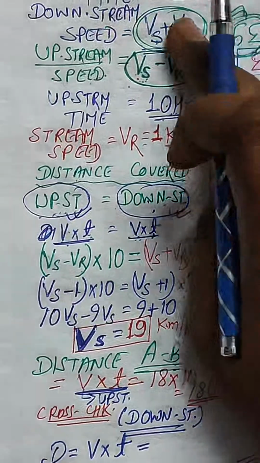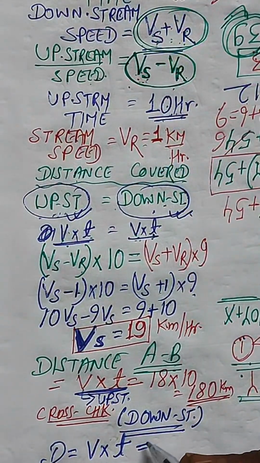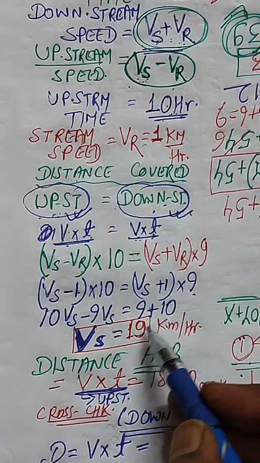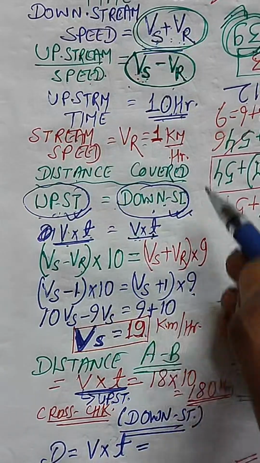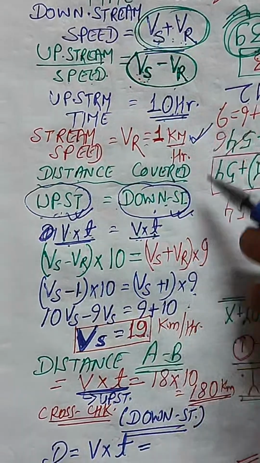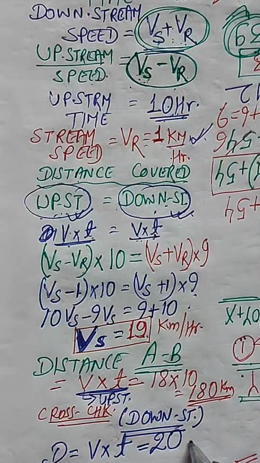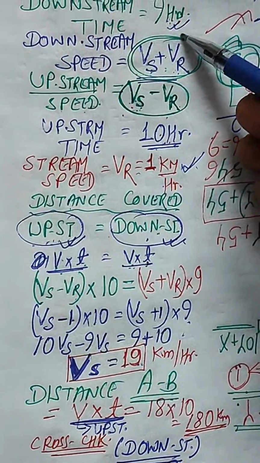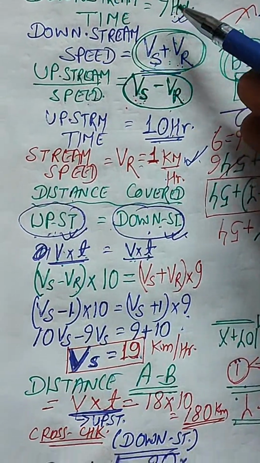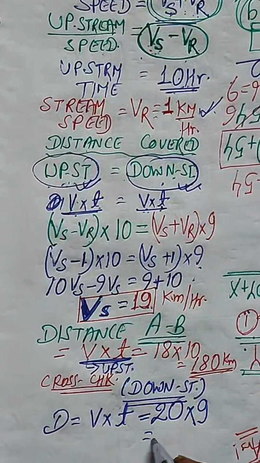Since Vs is calculated as 19, 19 plus the reverse velocity Vr, 1, is 20. So the downstream velocity is 20 into the downstream time. What is the downstream time? You can see here 9 hours, right? So multiplied with 9, this is also giving you 180.